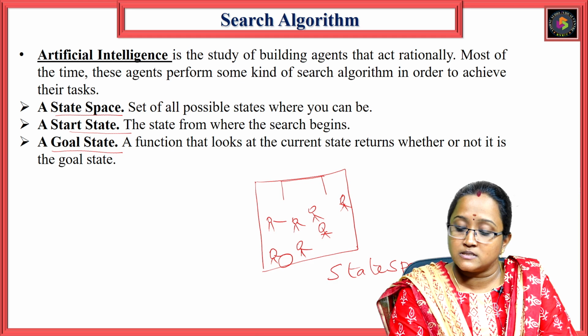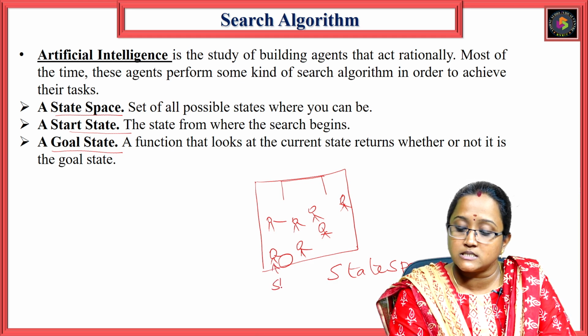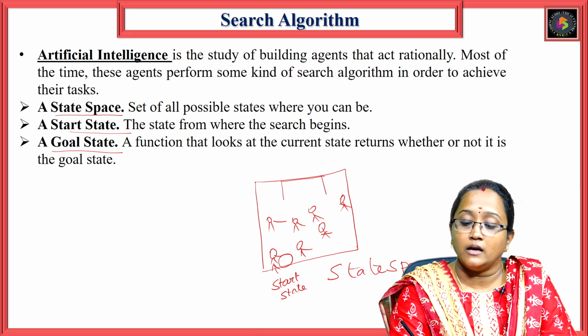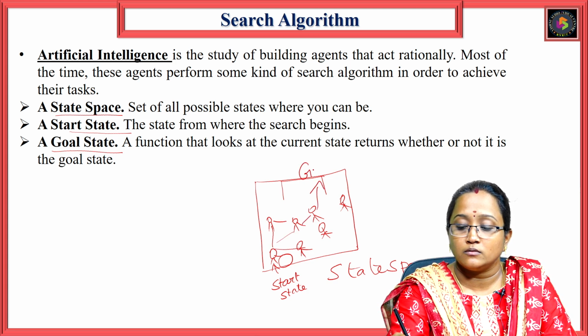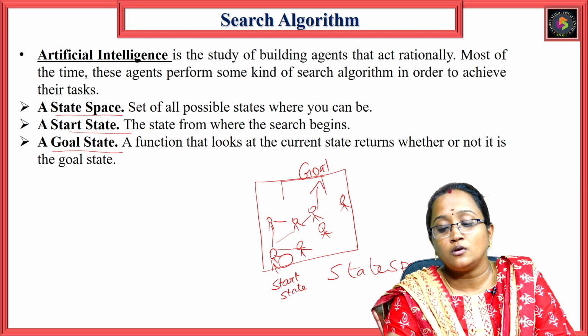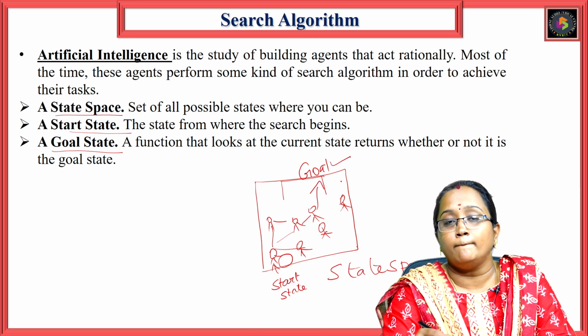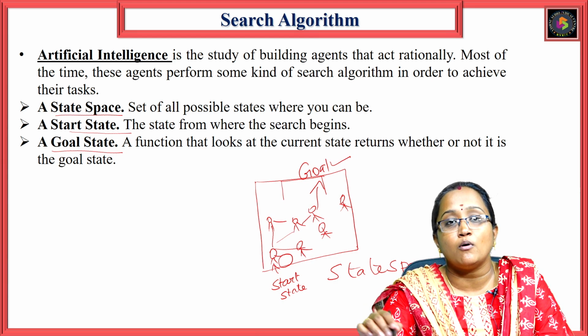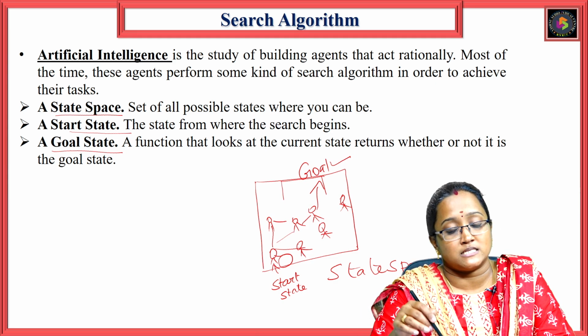Suppose this person is having the ball. So this is our start state. He has to start the game and pass it to the nearer players in order to reach the goal. This is our goal state. Putting the goal is the goal state. So the complete ground, consisting of all the possible states or possible solutions, is said to be the state space.